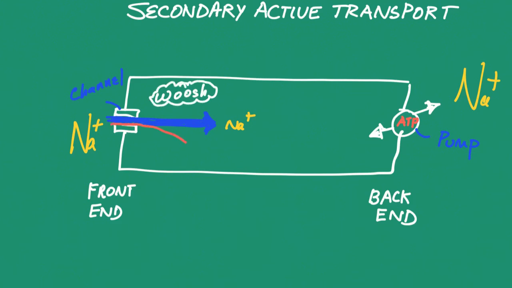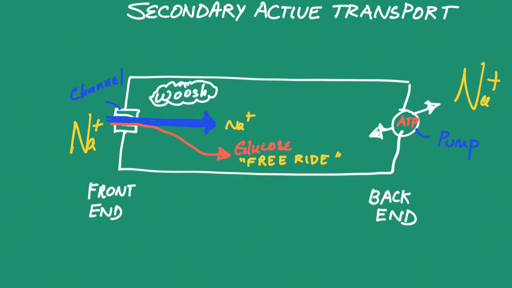It's a huge amount of energy that is derived from this movement of sodium. This energy is used by other molecules to catch a free ride with sodium. For example, we have glucose. Glucose enters cells in this way by using the movement of sodium to enter.